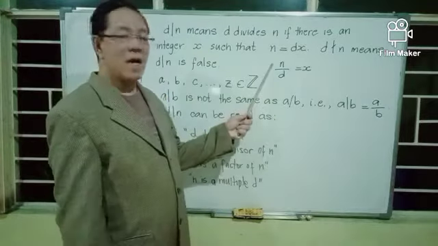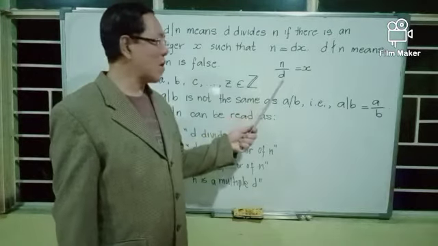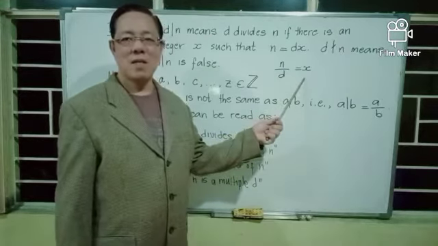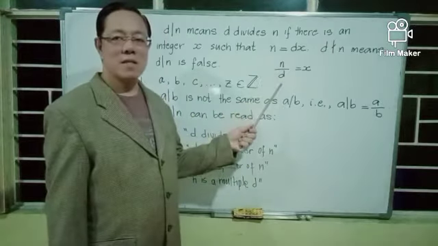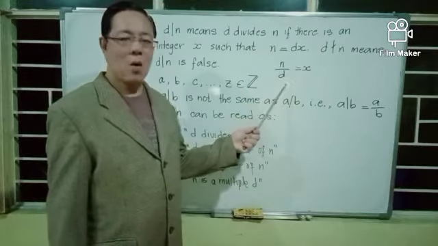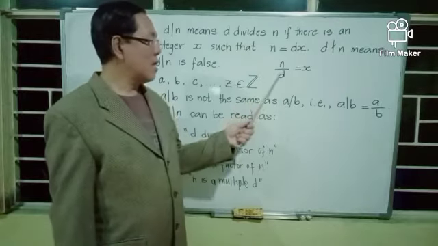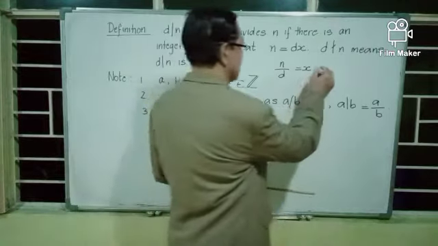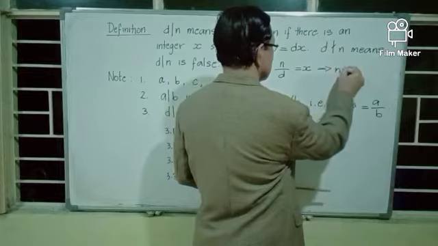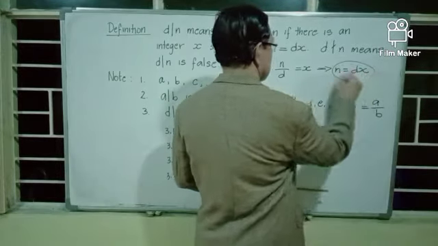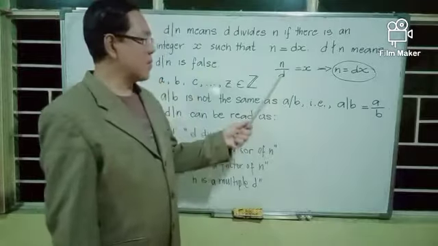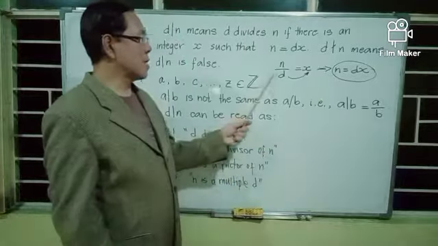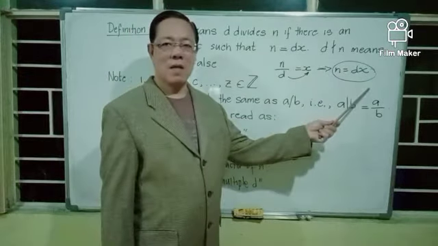If d divides n, or the integer n is exactly divisible by the integer d, there is some integer x that is the answer to n divided by d. And from this equation, if you cross multiply d by x, you will get n equals d multiplied by x.